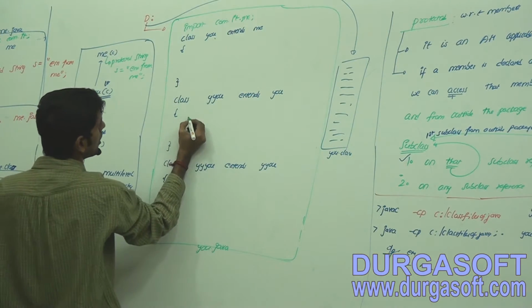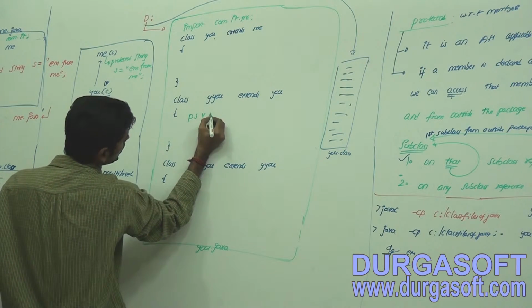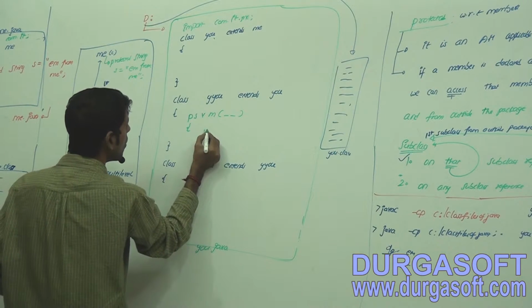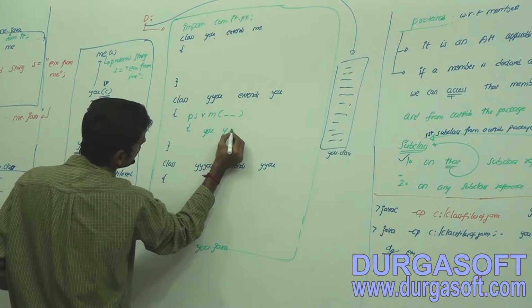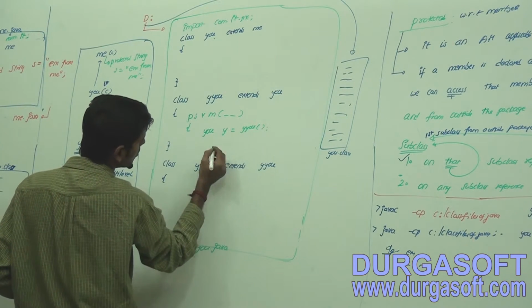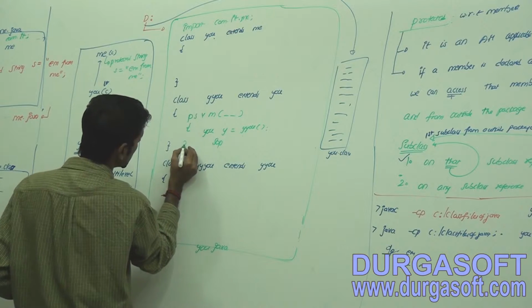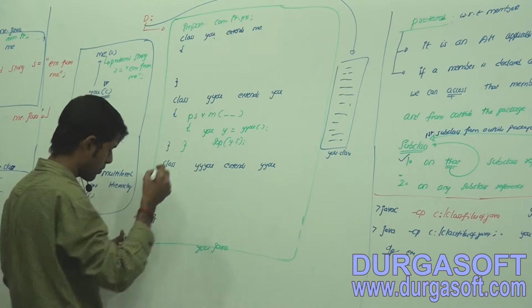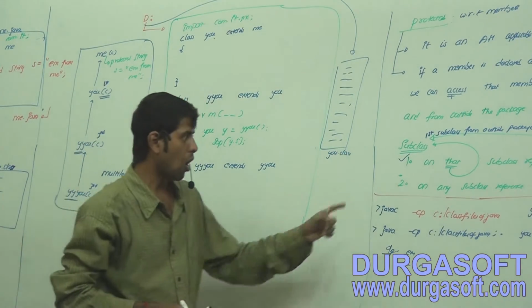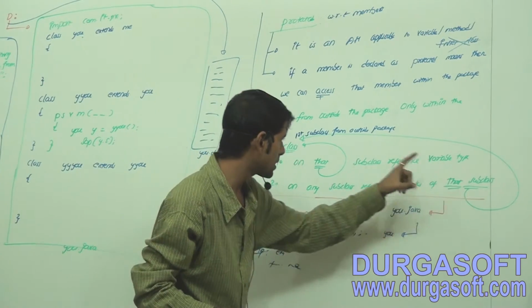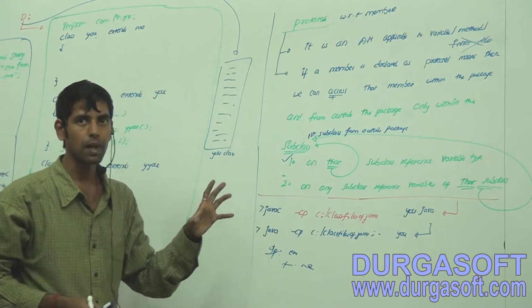Public static void main, and now y equals to u, SOP of y.s. Observe here, on any subclass reference variables of that subclass.